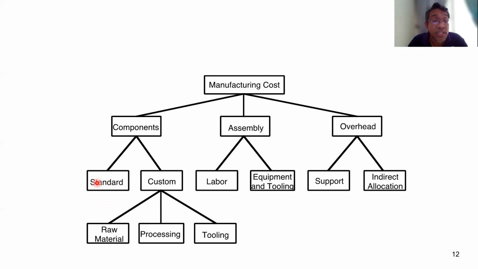But for custom parts, we have raw material, processing, and tooling. So we need to calculate the material we use, the processing used to change the raw material, and the tool used as well. So there is a custom cost included in this component.